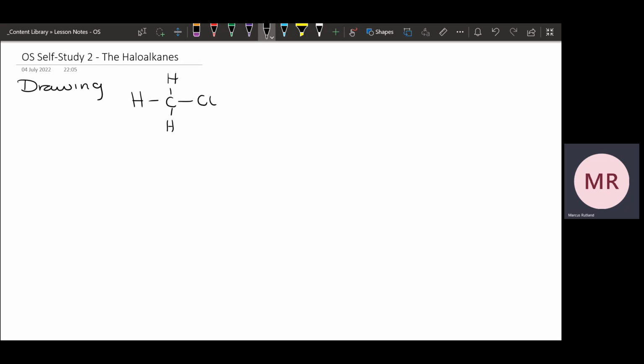If you're going to do that skeletally, then if you have a chain, you don't draw the hydrogens, but you do draw anything else that's attached. So if you have a halogen attached, then you just draw a line to it. Remember, that's not an extra carbon.